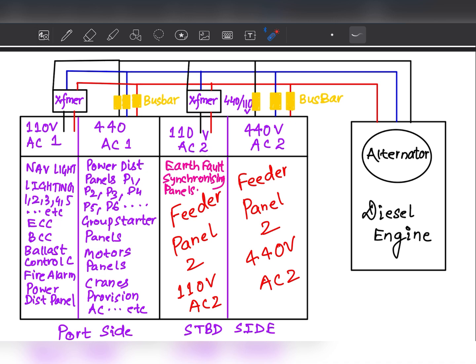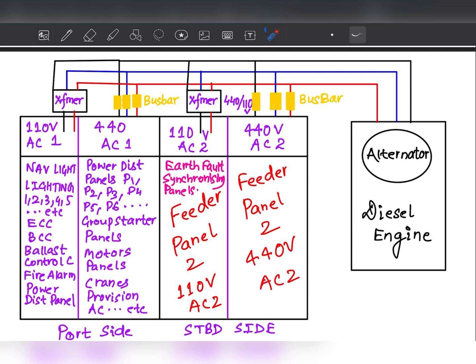Okay, so this is the diesel engine and alternator, and from the alternator side we are taking the 3 phase power output, and with the help of cables, these high insulation cables which are connected from the alternator, it provides power to another circuit. But how it is providing, I will just explain.